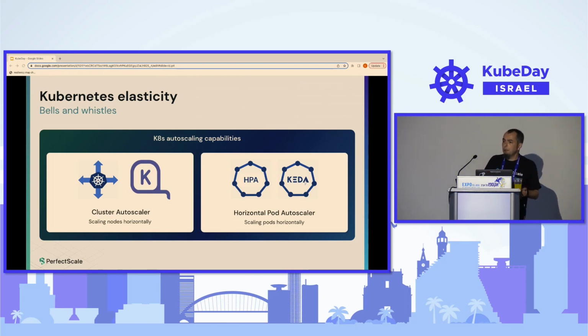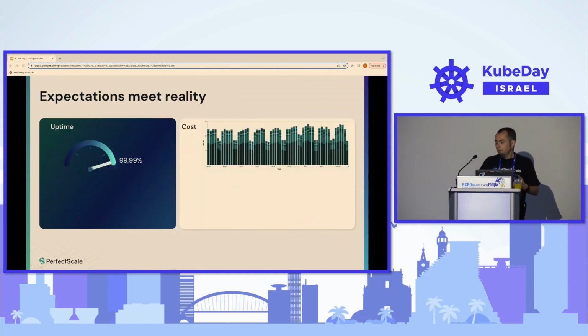With all those capabilities, for me personally, when I built my first system, it was obvious: let's put in the Cluster Autoscaler, let's put in the HPA, and everything will just work fine, right? My expectation was a very high SLA, and a flexible system, scaling up when needed and scaling down when not needed, with cost showing nice seasonality waves.